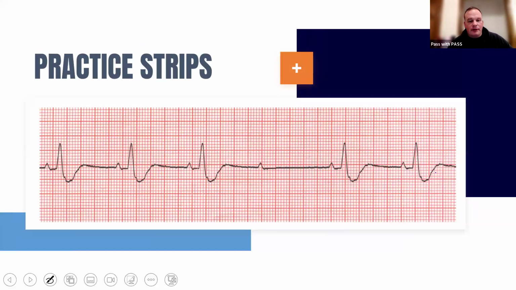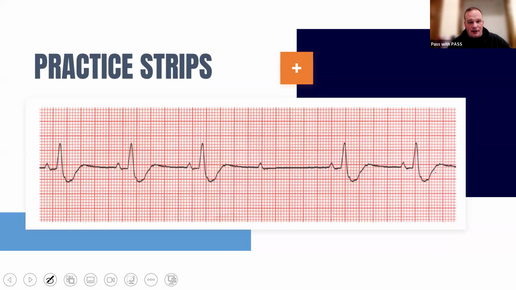And this one's a little tricky too, but remember the rules. Okay. Remember, I said second degree type 2 and third degree are typically regular. They certainly don't have to be, but generally they will be when you see them on exams for practice strips and even when you see them in the field, but they don't have to be. But the first step is recognizing there's a problem, right?